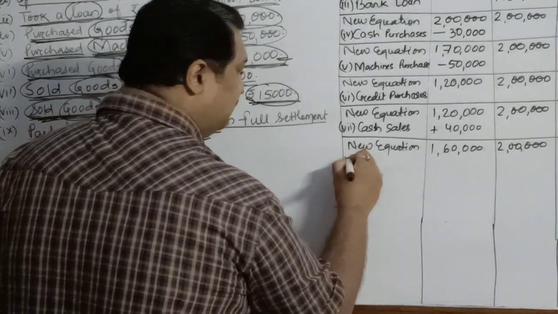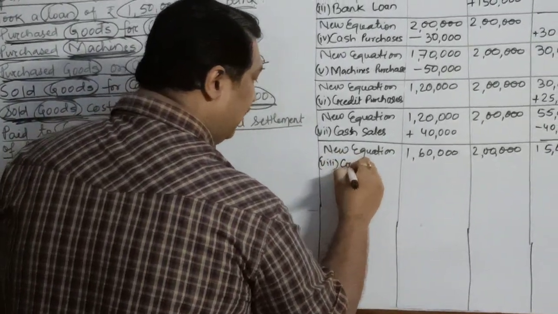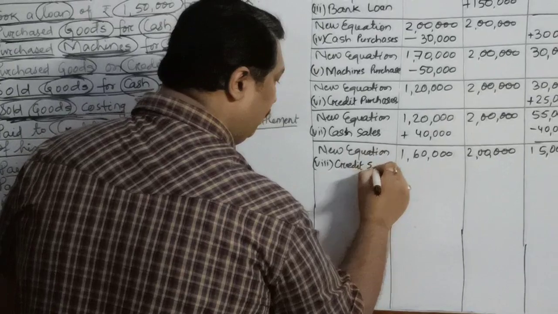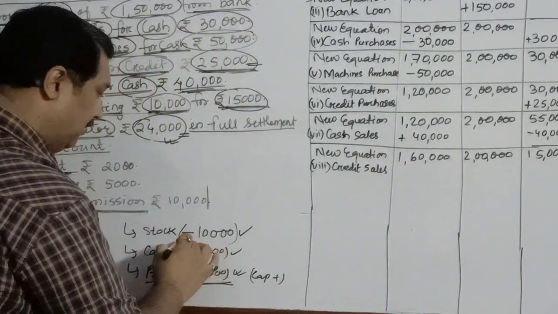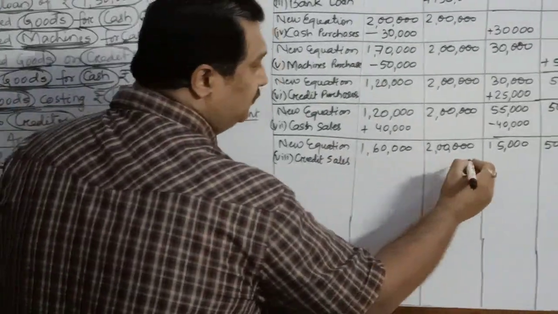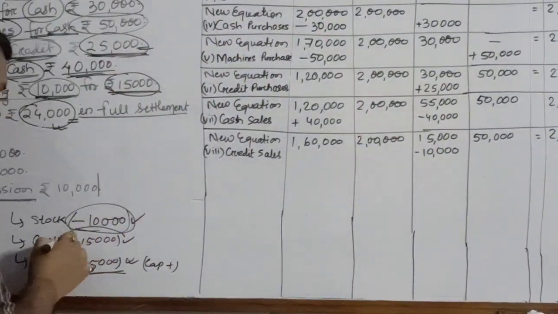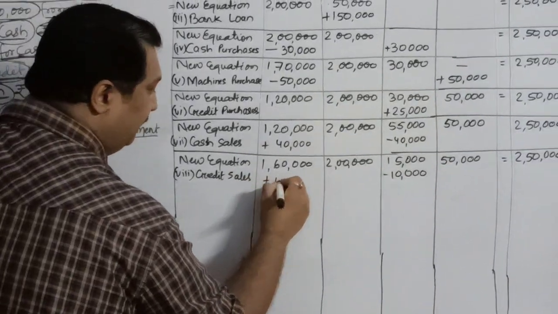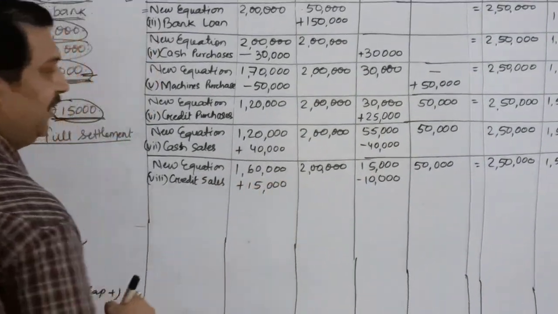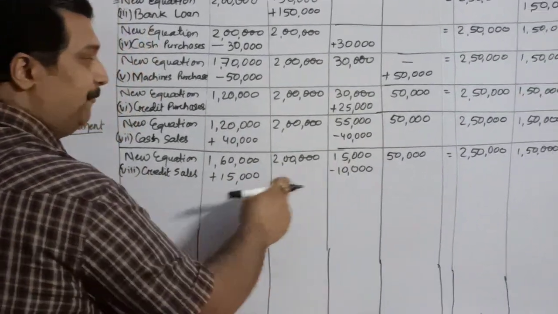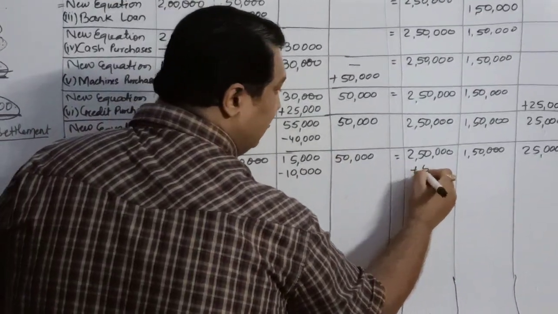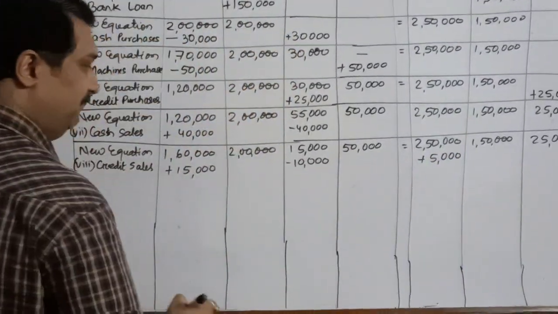So here I will write transaction number 8, credit sales. What is going to happen? My stock will be minus 10,000. I am getting cash of 15,000 because I sold it for rupees 15,000. Because of this there is a profit, so my profit will increase my capital by rupees 5,000.